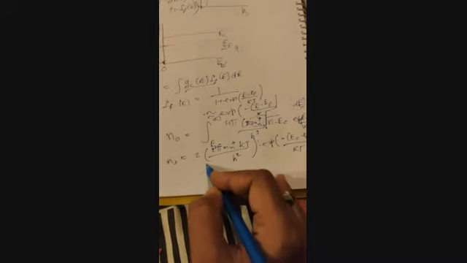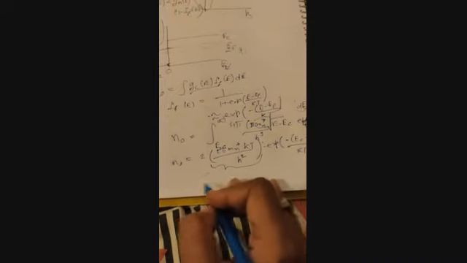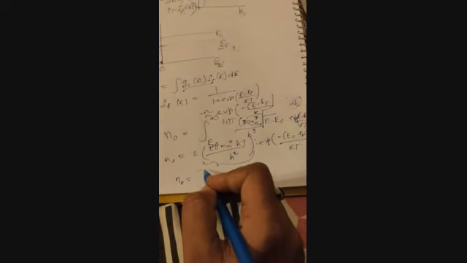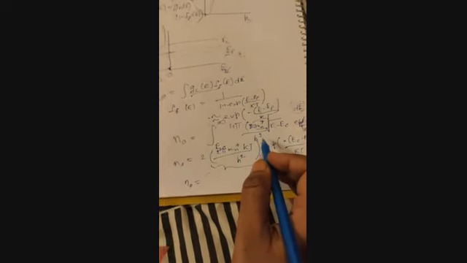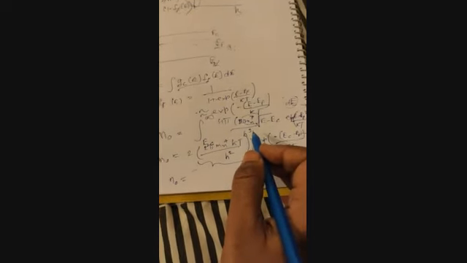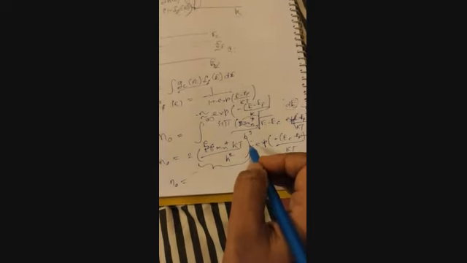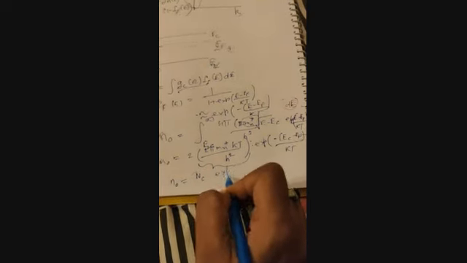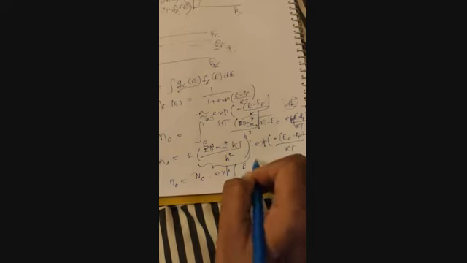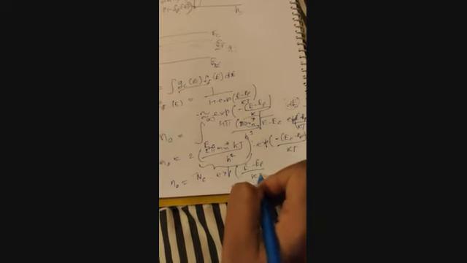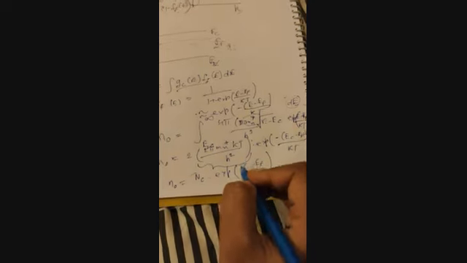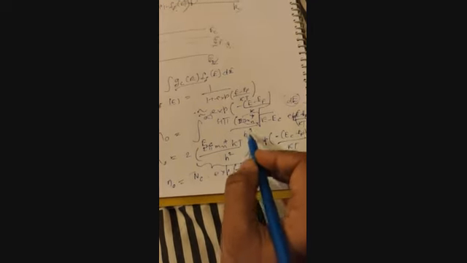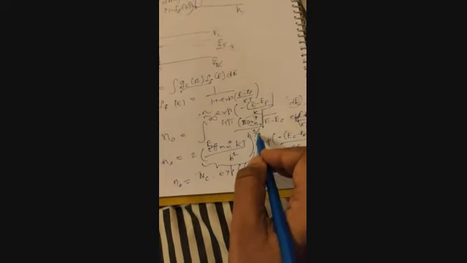So this quantity may relate to NC. So now n0 will be equal to NC into exponential of minus (EC minus EF) upon KT, where this quantity is raised to the power 3 by 2 over h cube.